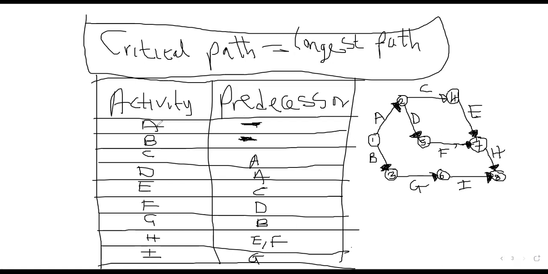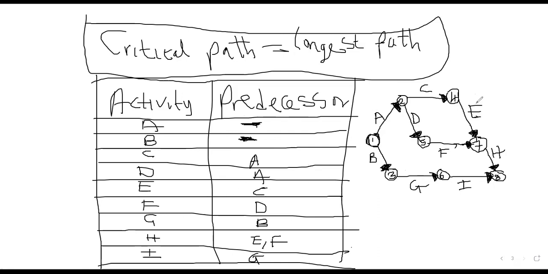Because you're just using the activity and the predecessor. A and B are the starting activities, starting from 1. After A, there is C coming, which is this one, after A has completed. Then there's also a D after A has finished.